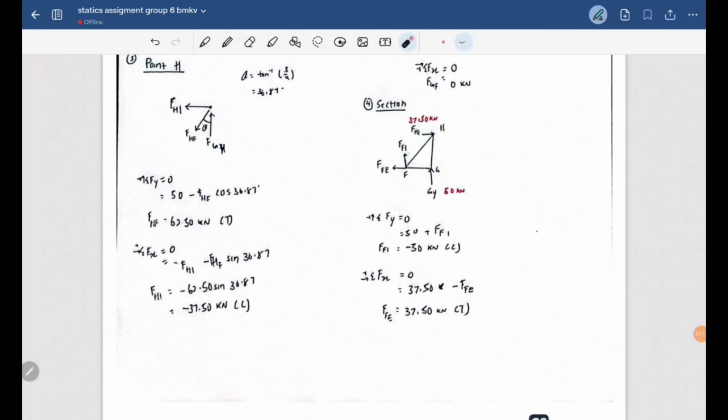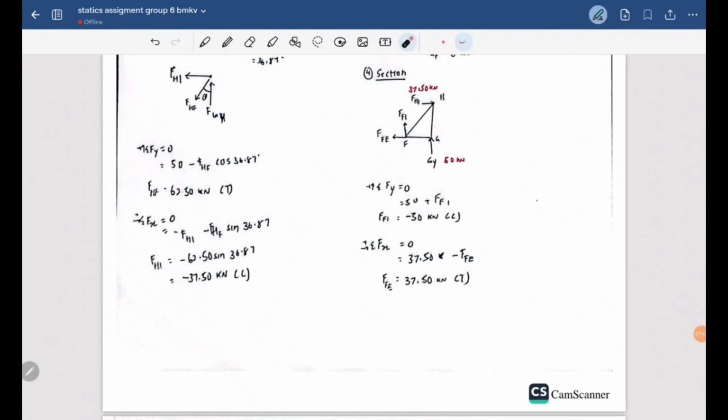So FFI should look like this. For total Fx equal to 0, we have FFE and FHI. So FHI we already got here. So just put the value, minus FFE, since it is to the left, and we will get 37.50 kilonewton tension.